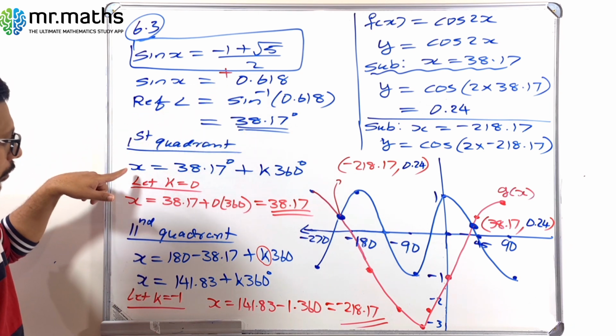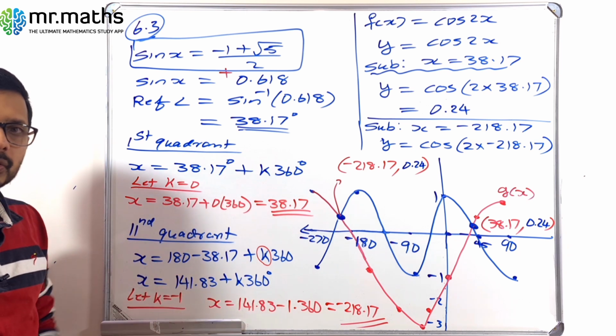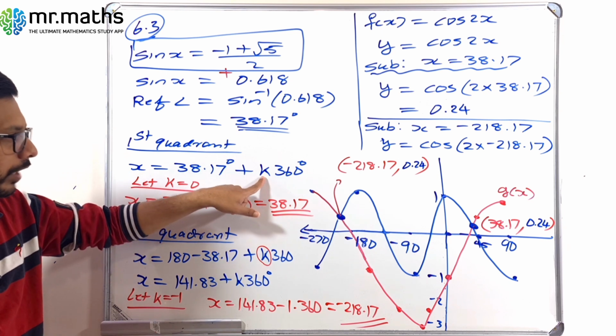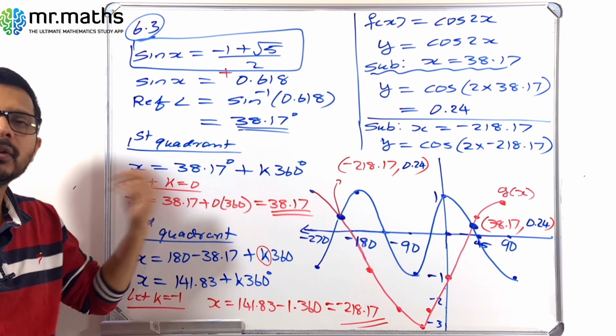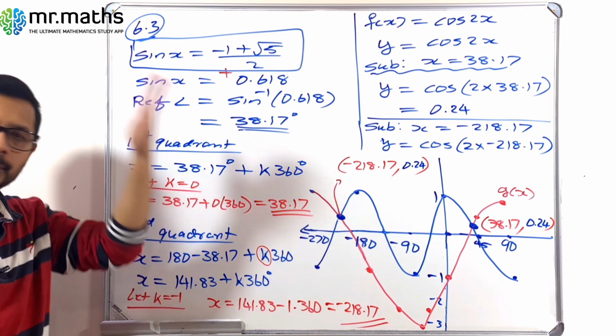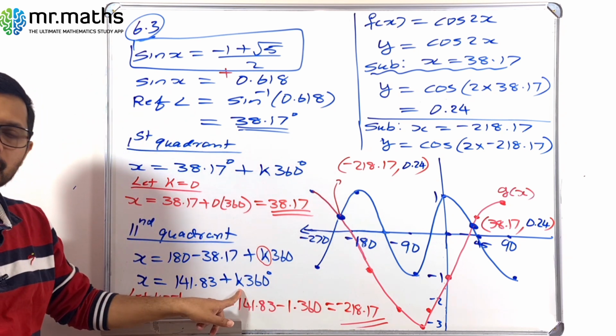So we got two expressions, x is equal to this one and x is equal to this one. This one is a general solution. What is the meaning of k? We can substitute any values for k, 0, positive 1, 2, 3, or minus 1, minus 2, minus 3, like that. Here also you can substitute any values for k.